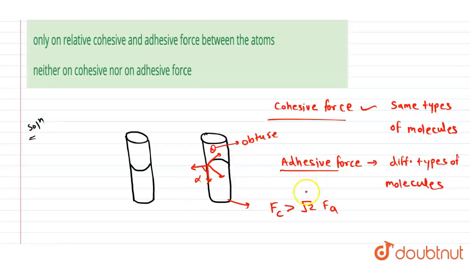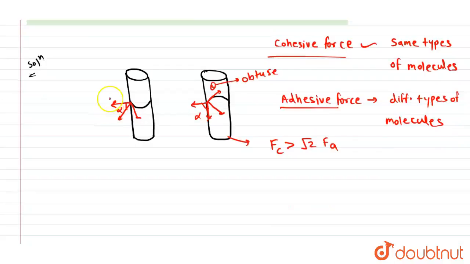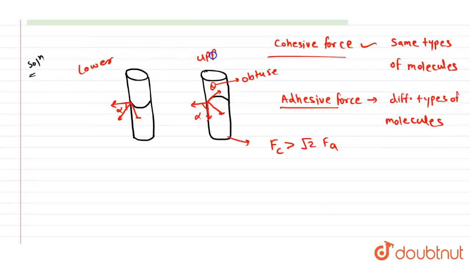So here it will also depend on alpha. Here you can see alpha is formed. This is adhesive and this is cohesive, so the resultant is somewhere here, and this is alpha. So for the lower meniscus, and this is the upper, there are certain conditions.